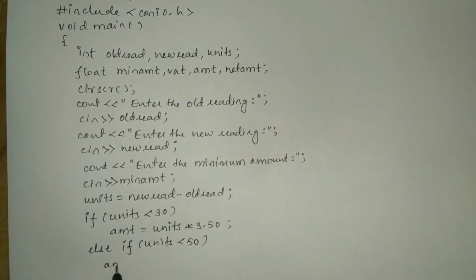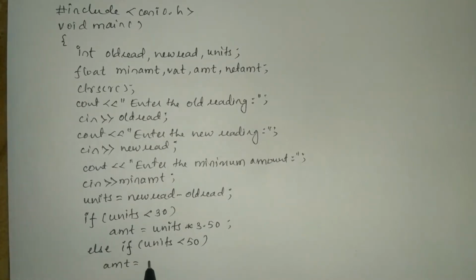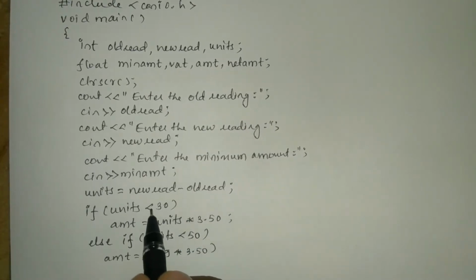And now we are going to calculate amount is equal to, here I'm going to write 29 into 3.50. Why 29? Because whenever I say less than 30, it is calculated for 29 units, or you can say less than 30 means 1 to 29, up to 29 units you can calculate, right?